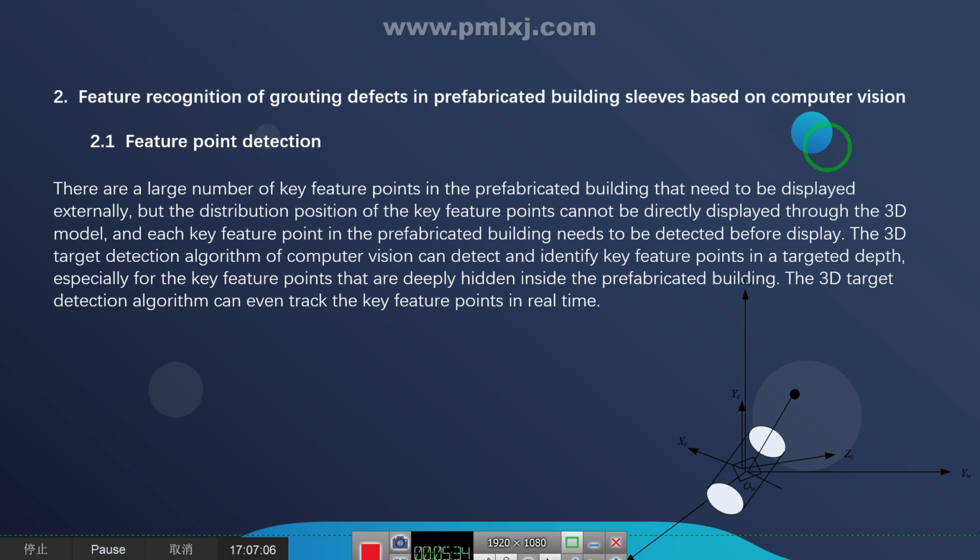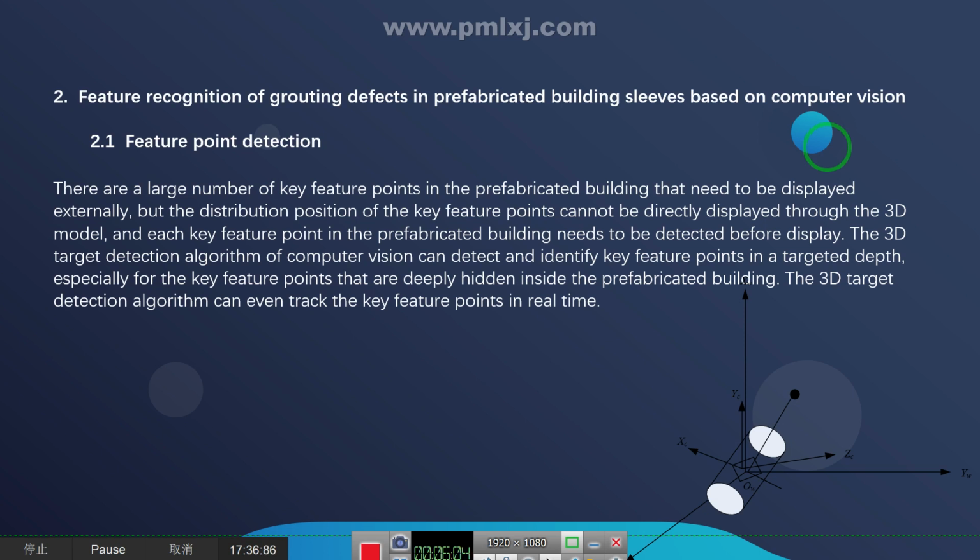There are a large number of key feature points in the prefabricated building that need to be displayed externally, but the distribution position of the key feature points cannot be directly displayed through the 3D model, and each key feature point in the prefabricated building needs to be detected before display.